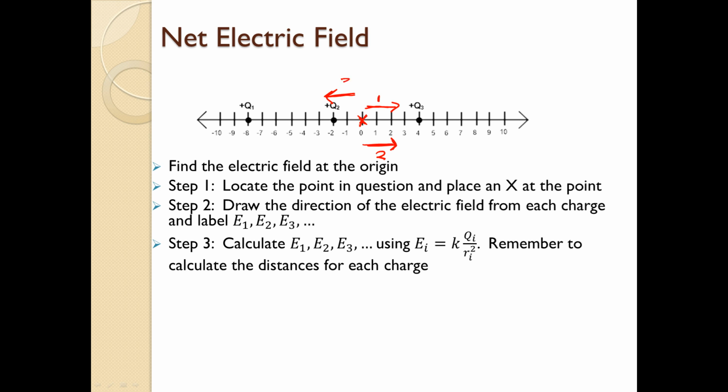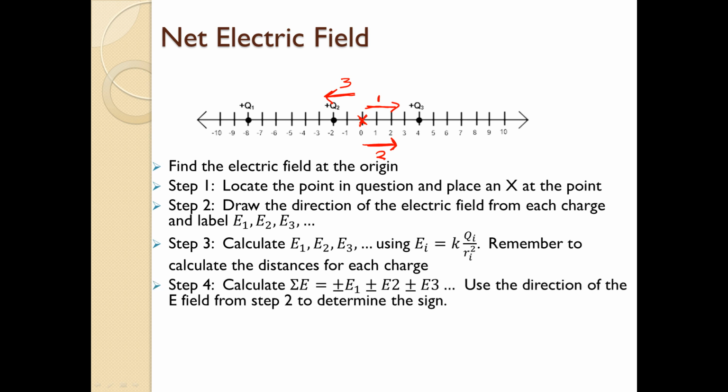And again, we're going to be using these arrows to determine whether I'm going to put a plus sign in front of that electric field or a minus sign in front of that electric field magnitude. So this would be plus E1. E at the origin is going to be plus E1 plus E2 plus minus E3.